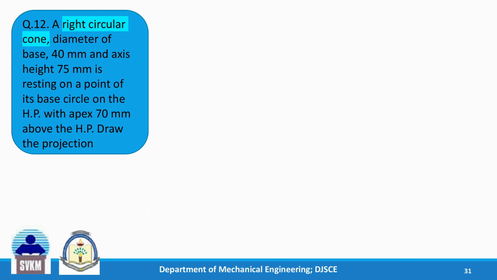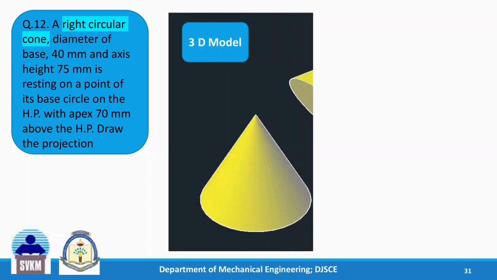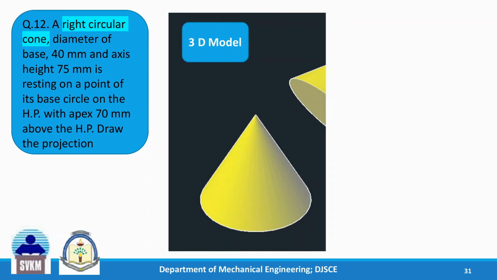So in the top view we'll see the circle, in the front view we'll see the triangle. So this is how we'll see in the object. Front view triangle, top view circle.